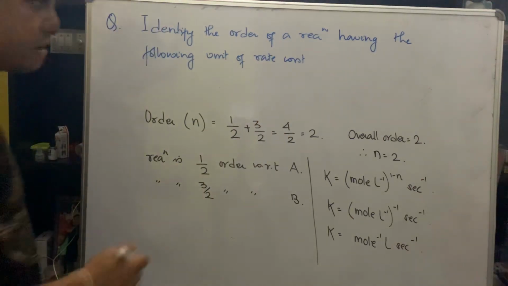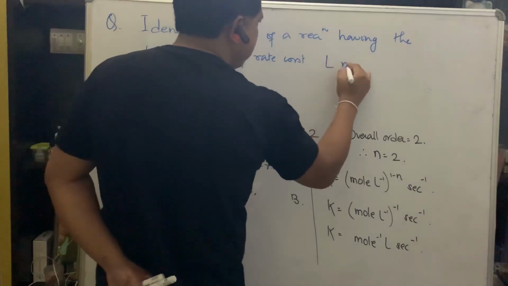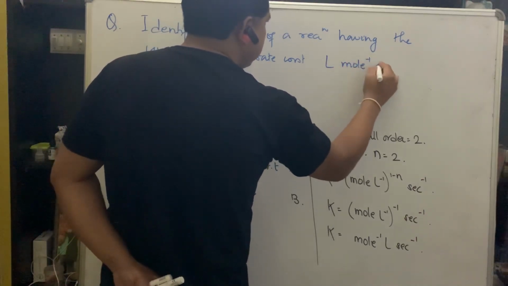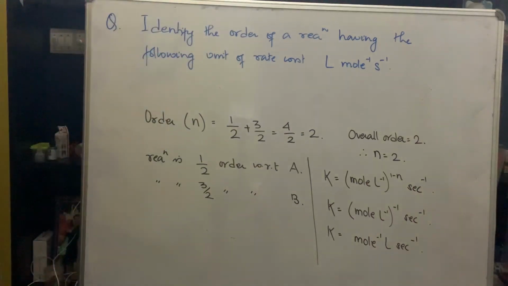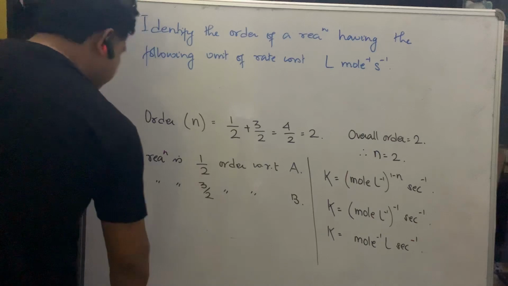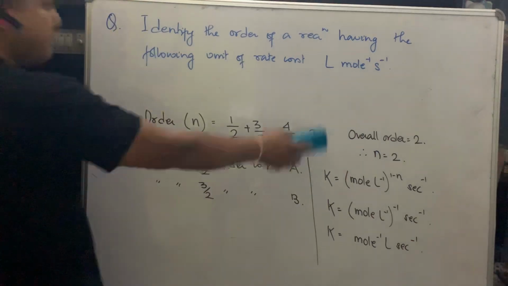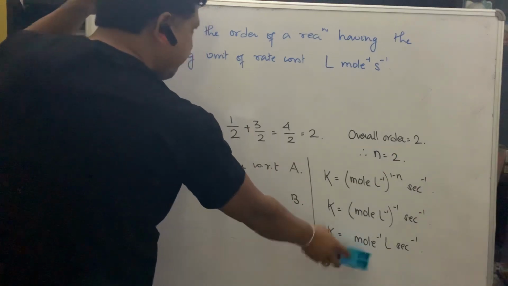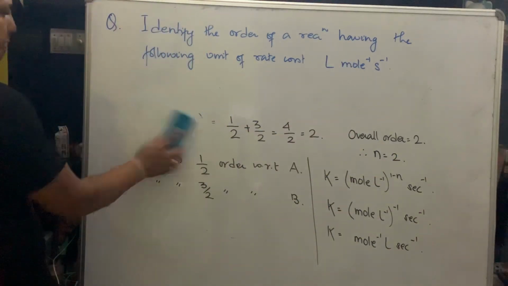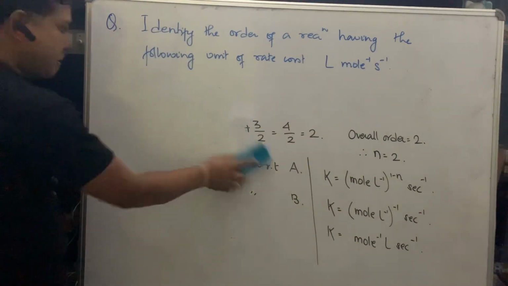It's given as liter mole inverse second inverse. Now we know we are talking about a second order reaction, but we have to prove it. Just by looking at the unit of K we can say yes, it's a second order reaction. Just now we did it for n equals 2, this is the unit of K, but we need to prove this here.